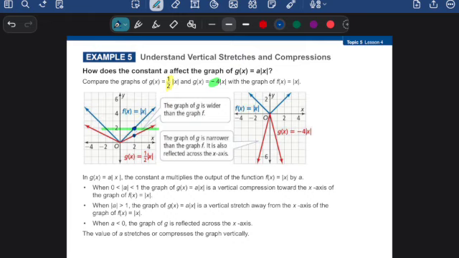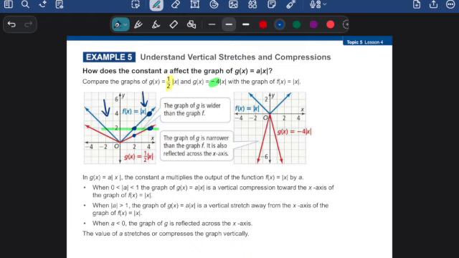Now my output for the new function is at half of that, which is at 1. Could look at 4. If my input is 4, my output would be 4 in the parent function. What's half of 4? Now my output would be at 2. So we've compressed it. This is a vertical compression. We've smashed the graph down closer to the x-axis. It got wider.